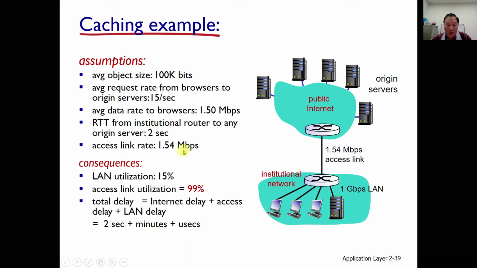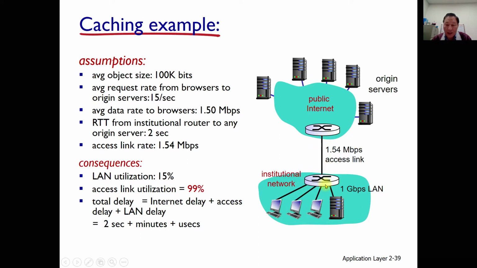The access link rate is 1.54 Mbps. Let's try to make it simpler: the total delay, the round trip time, will be the summation of these delays.